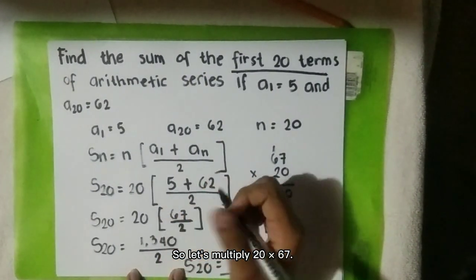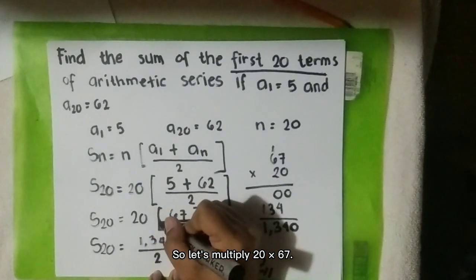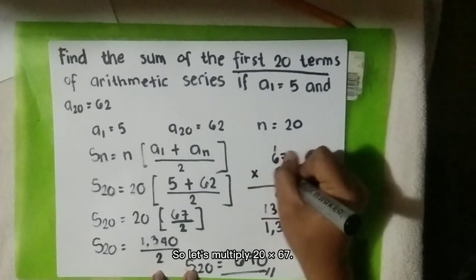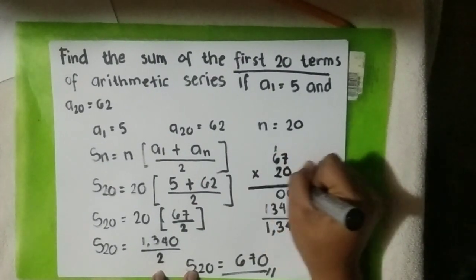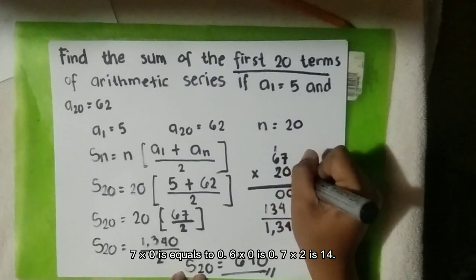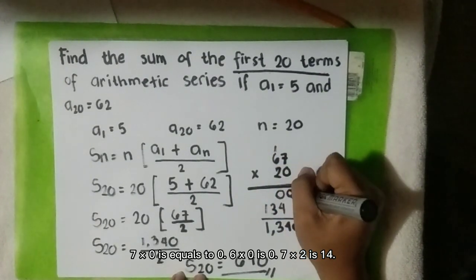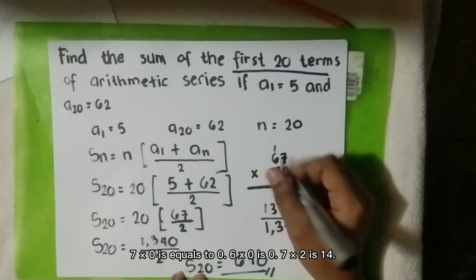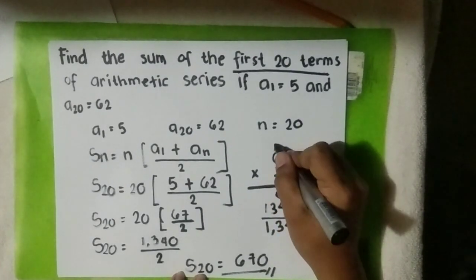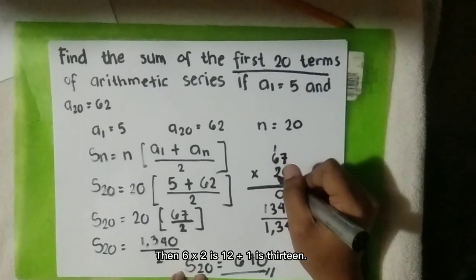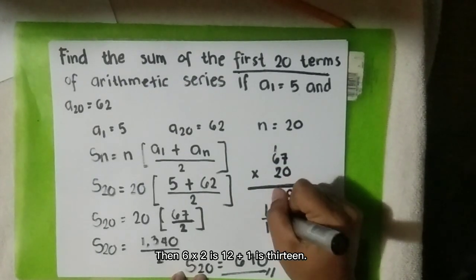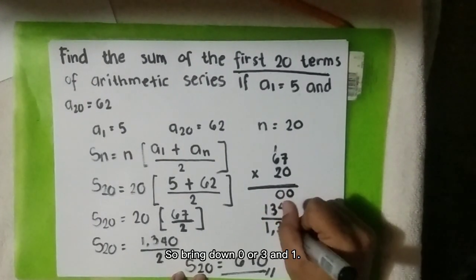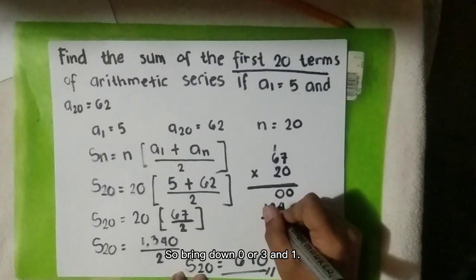So let's multiply 20 times 67. 7 times 0 is 0. 6 times 0 is 0. 7 times 2 is 14. Then 6 times 2 is 12, plus 1 is 13. So bring down 0, 4, 3, and 1.